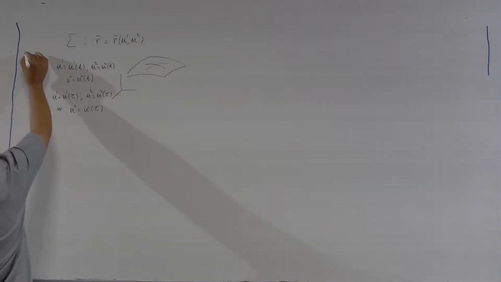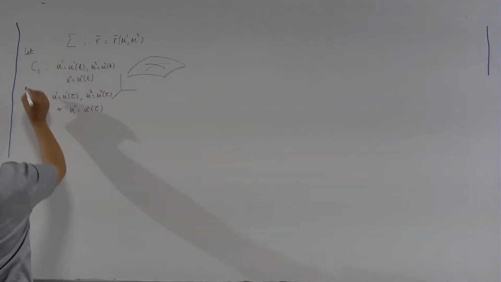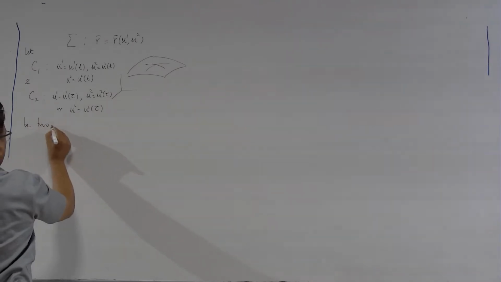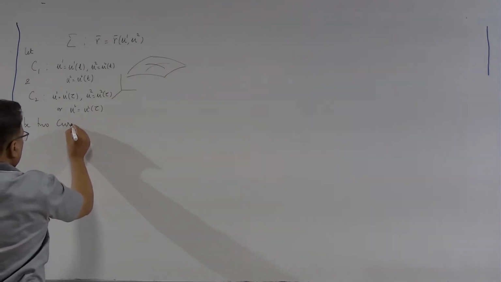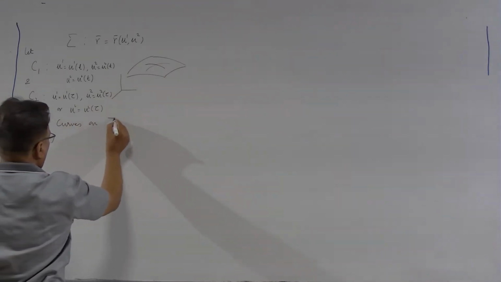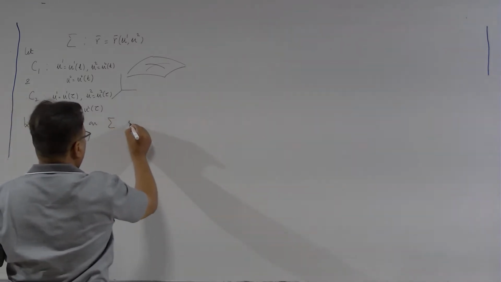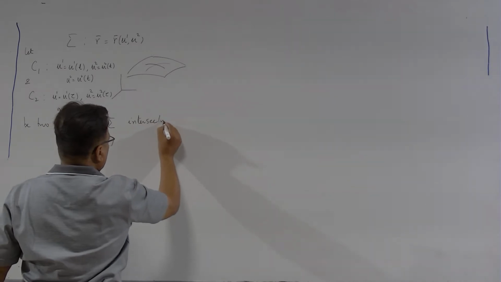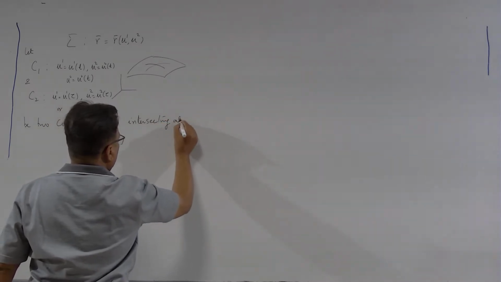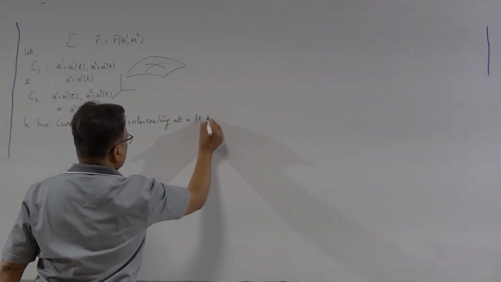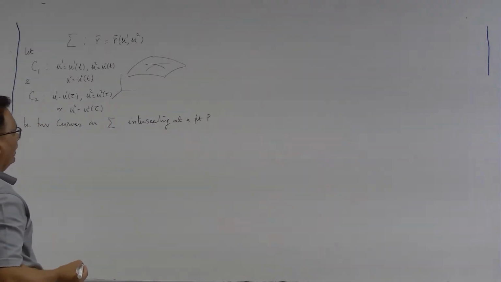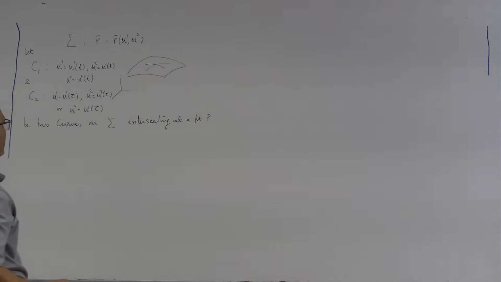So let C1 and C2 be two curves on sigma intersecting at a point P, and this point P is some point on the surface.